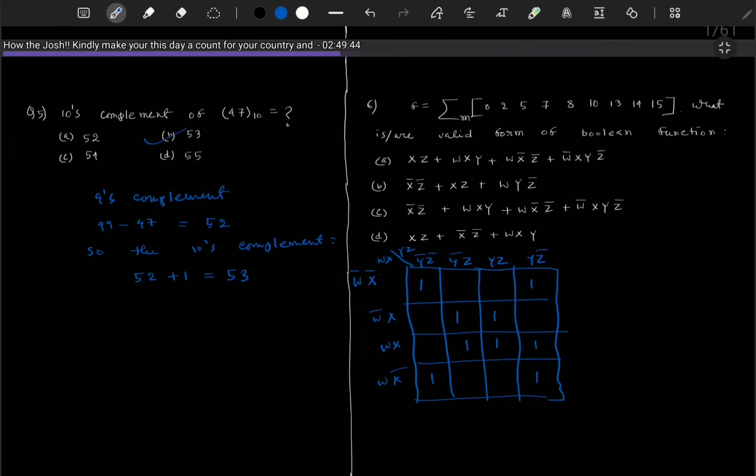Okay, now we can do this. This is one box, this is another box. Now this is a pair.